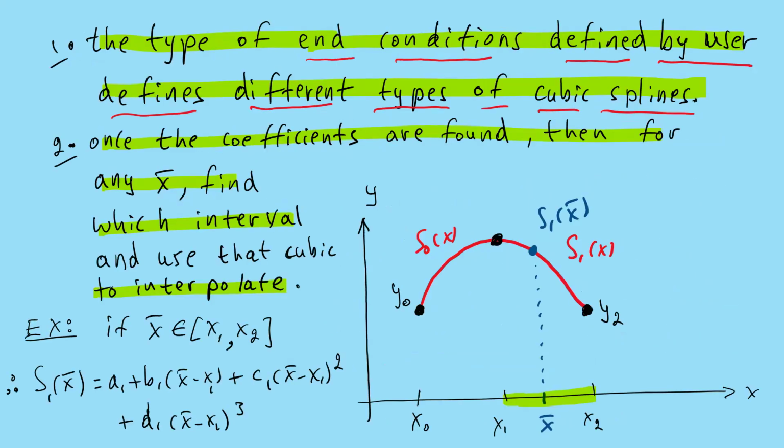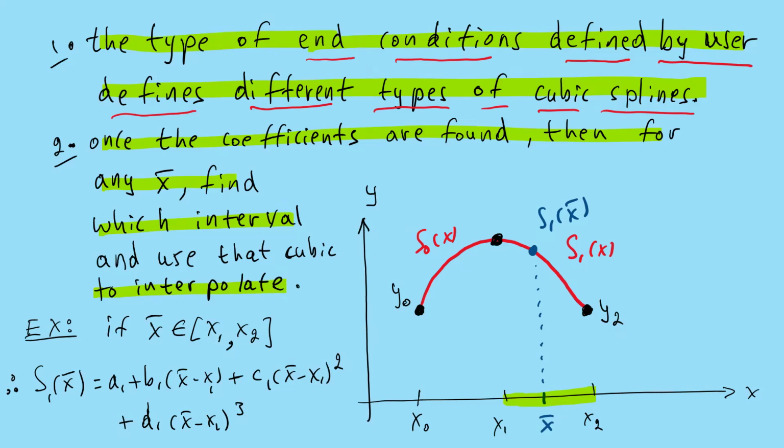The type of cubic spline depends on the boundary conditions chosen by the user. Different boundary conditions lead to different spline types. Once the coefficients are known, interpolation becomes straightforward.